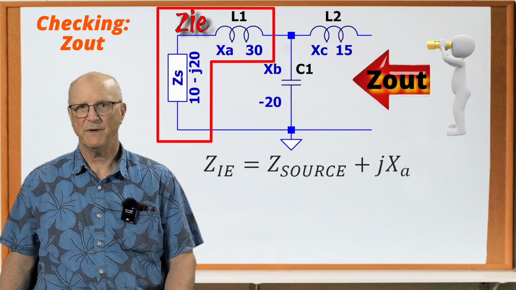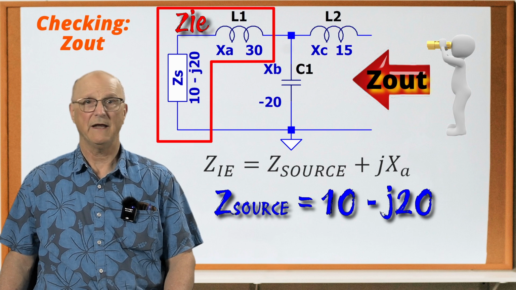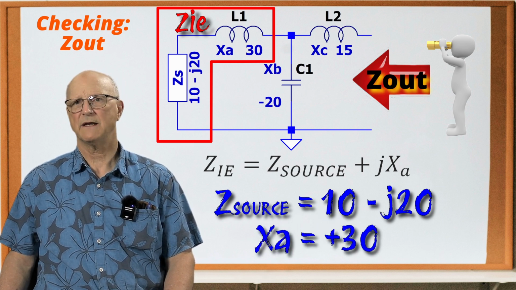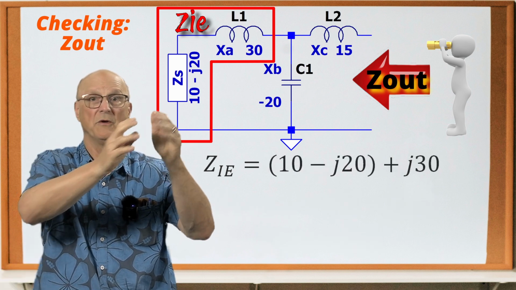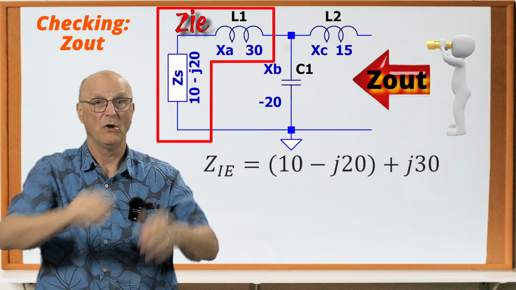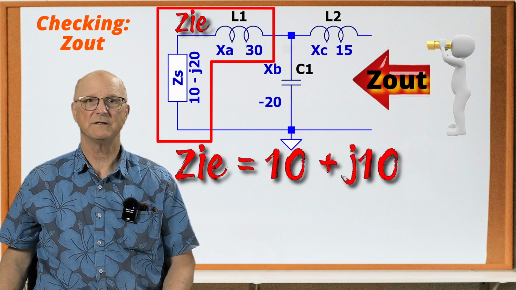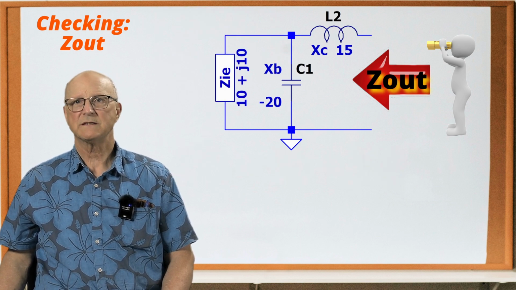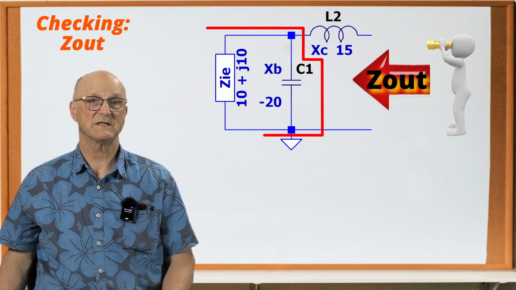And with the source impedance equal to 10 minus j20 and XA equal to a positive 30, we have that ZIE is equal to 10 minus j20 plus j30, which gives us that ZIE is equal to 10 plus j10.